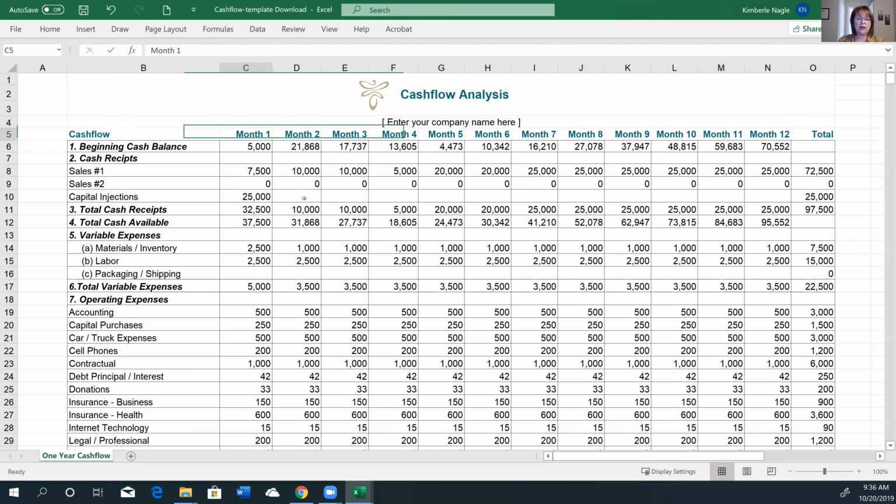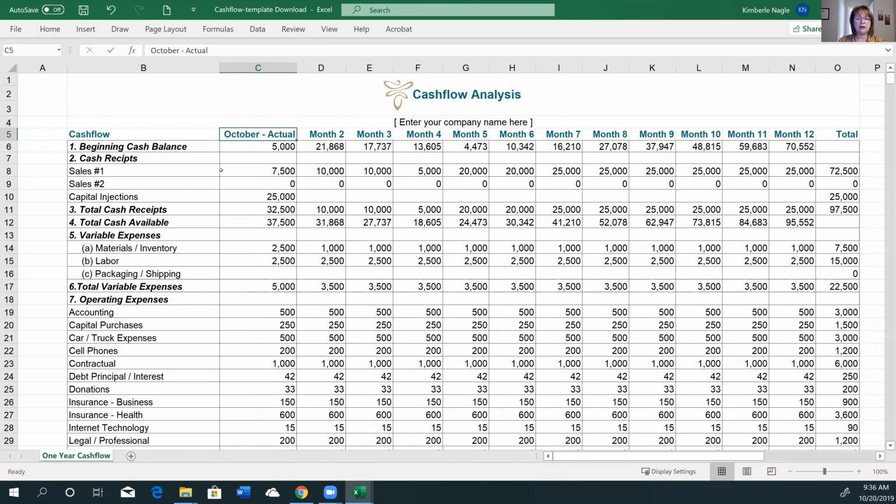And then when you get into business and you're moving along in your first month, let's just say you have October and you're going to put in the actual amount for the month. October's actual amount. So let's just say we started with our 5.